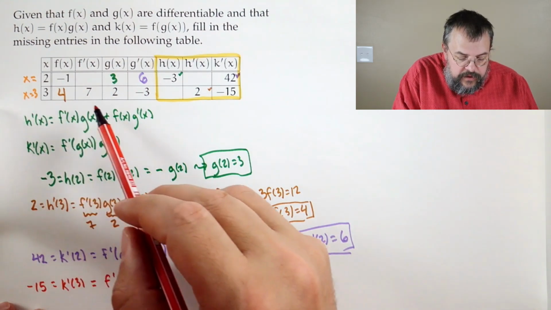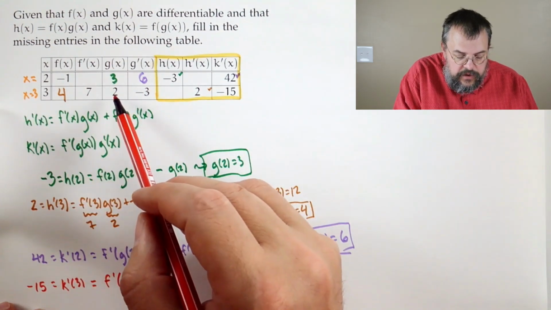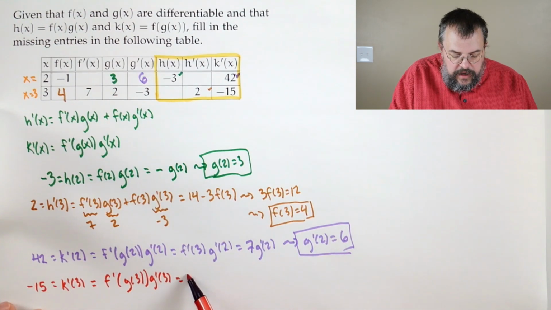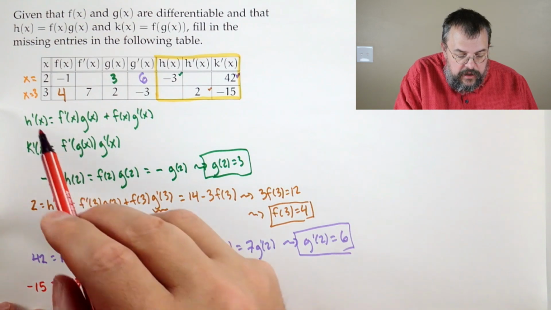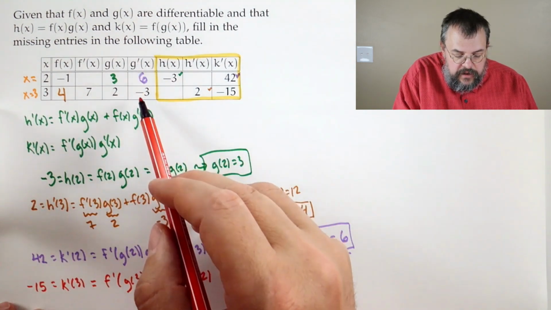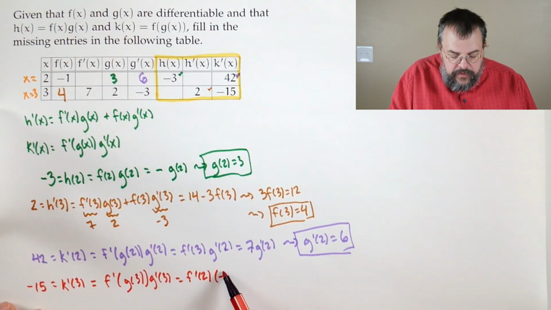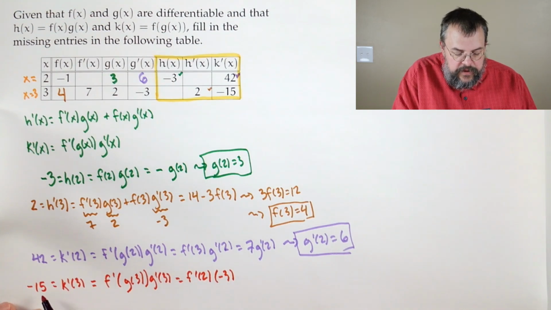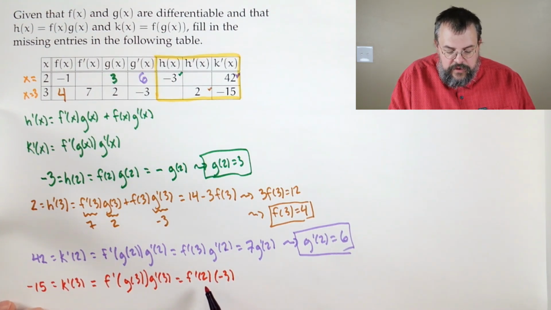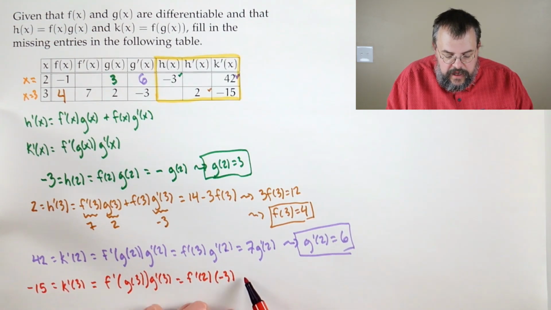G of 3 is 2. So this is f prime of 2. G prime of 3 is negative 3. So negative 15 is f prime of 2 times negative 3. So that tells us that f prime of 2 has to be 5.